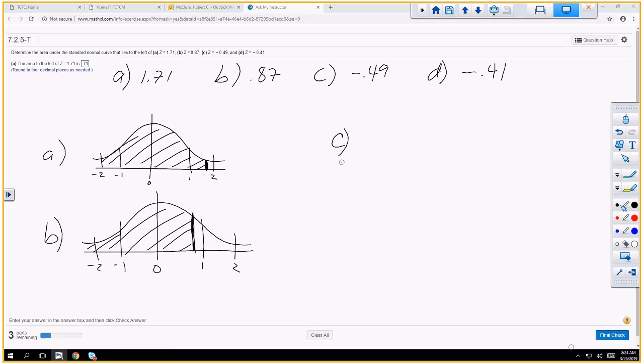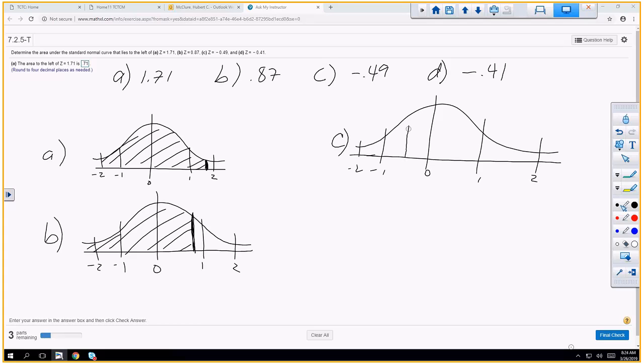C, negative 0.49. Negative 0.49, there's negative 0.5, so negative 0.49 be right in there.